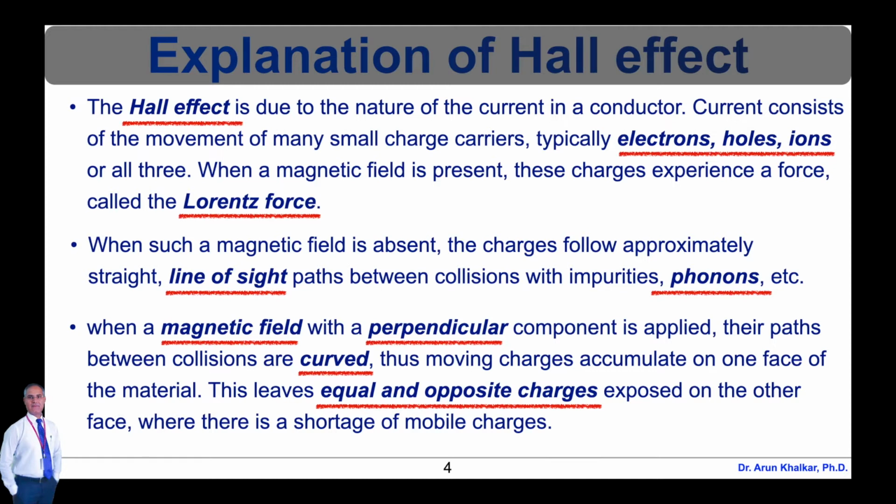The result is an asymmetric distribution of charge density across the Hall element, arising from a force that is perpendicular to both the line-of-sight path and the applied magnetic field. The separation of charge establishes an electric field that opposes the migration of further charge, so a steady electric potential is established for as long as the charge is flowing.